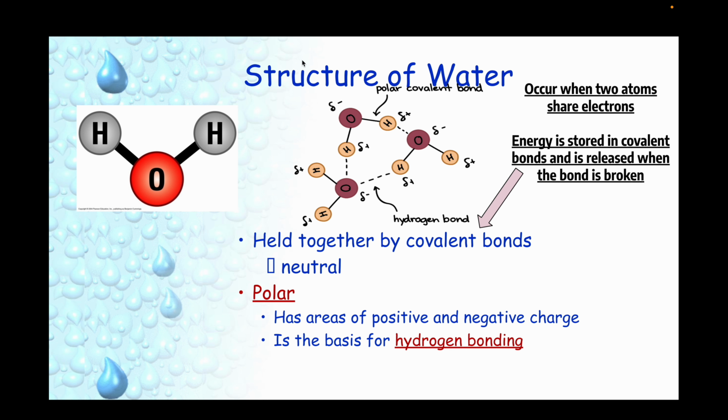Before we get into that, let's talk about the structure of water. So again, we talked about how water is polar. It has partial positive and partial negative charges, and that's what allows for the hydrogen bonding, right? So you can see that oxygen is partially negative and hydrogen is partially positive. And so this polarity is what causes that bent structure you see.